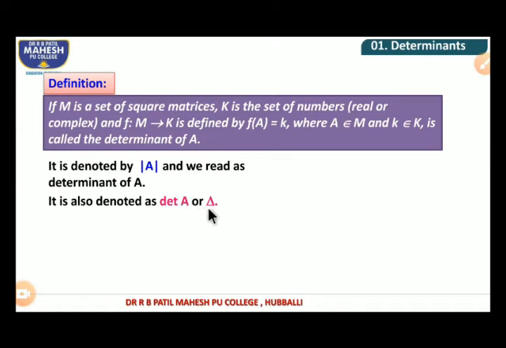So you can use any one of these three notations.